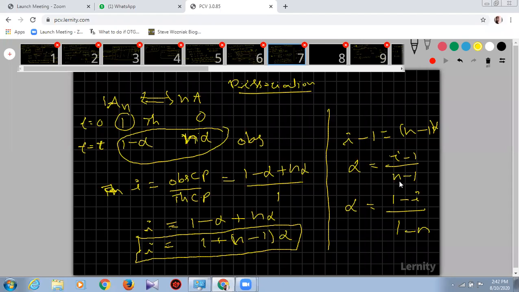Do not try to remember all these; you can derive from this. Just remember this one: i is equal to 1 minus alpha plus n alpha. From this you can get the alpha value also. Instead of memorizing all these, I suggest you remember i is equal to 1 minus alpha plus n alpha.